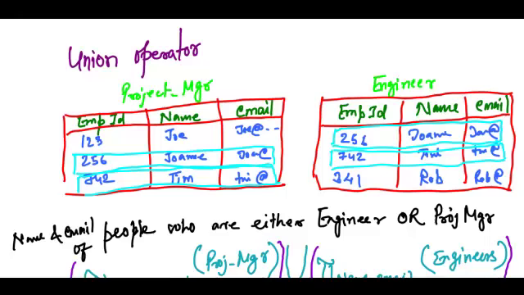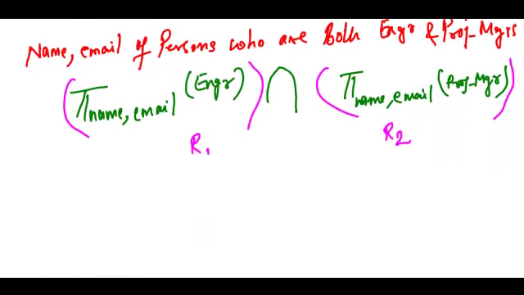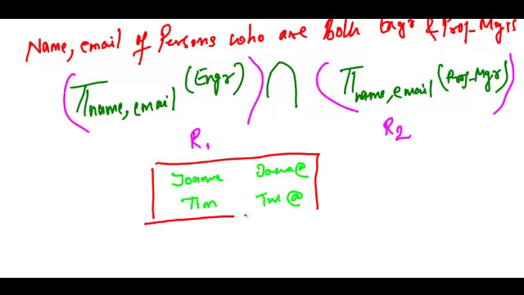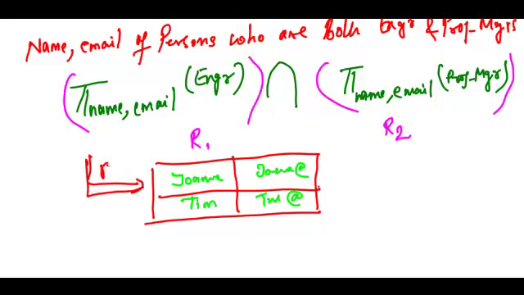So the result of this operation would be, I would have Joanne at something, Tim at something. So this is my resultant relation. Okay, this is the result of this query.